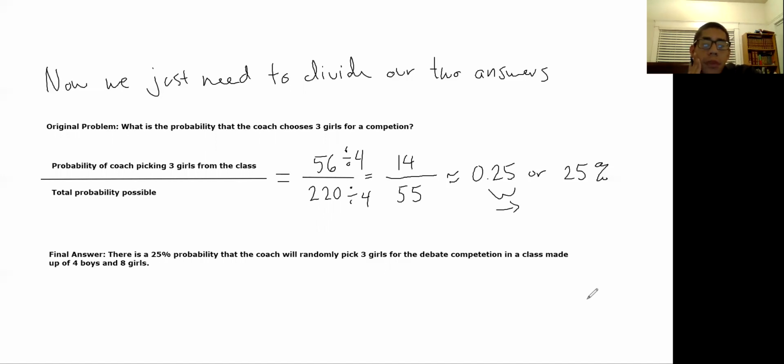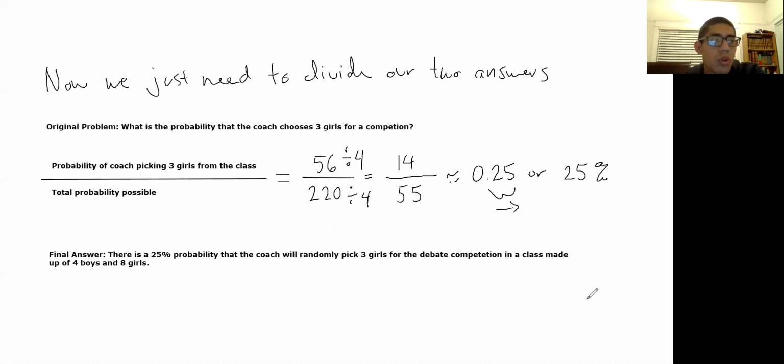However, if I asked you what's the chance that the coach is going to randomly pick 3 girls out of the class to represent us in a debate competition, and I just told you it's 14 out of 55, you'd look at me like I'm crazy, because that's not what you're supposed to do with those numbers. In reality, you're just supposed to divide them, which means 14 out of 55 is the correct fraction.